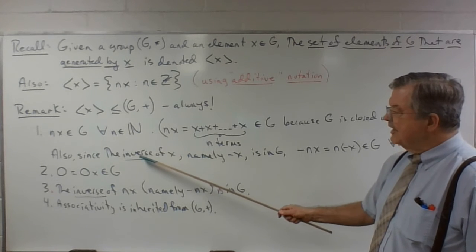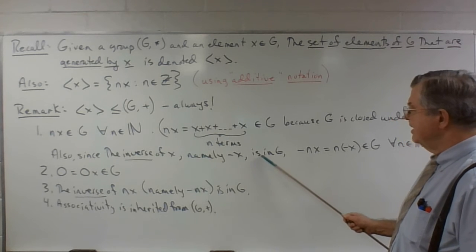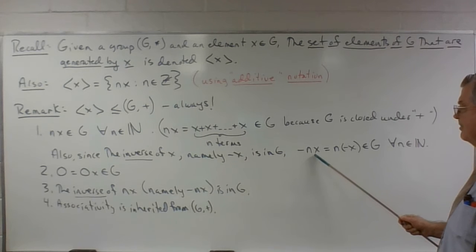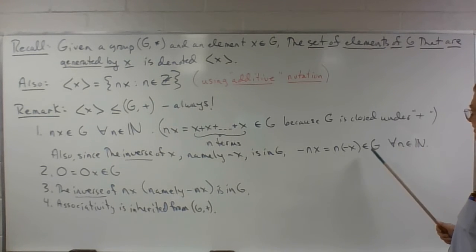Also, since the inverse of X, namely negative X, is in G, negative n times X is the same as n times negative X, and that's an element of G also for all n.